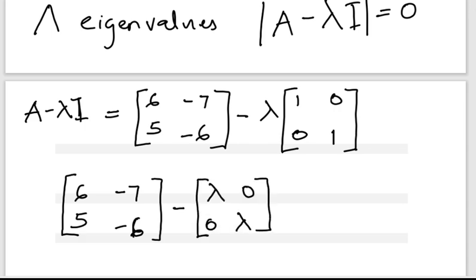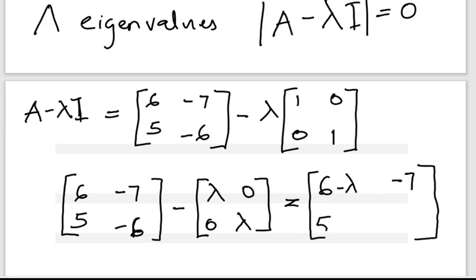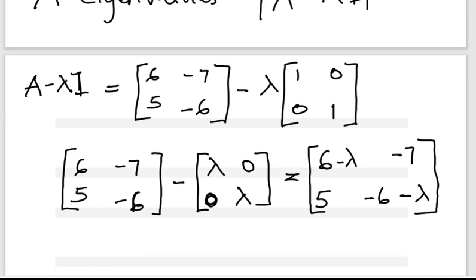By subtracting the two matrices, we have 6 minus lambda, negative 7 minus 0, which is negative 7. Next, 5 minus 0, which is 5, then negative 6 minus lambda.